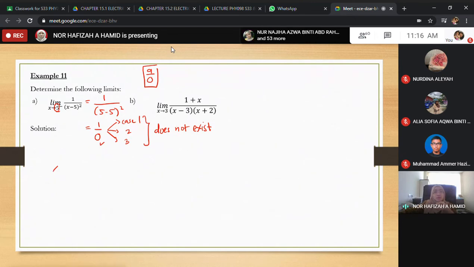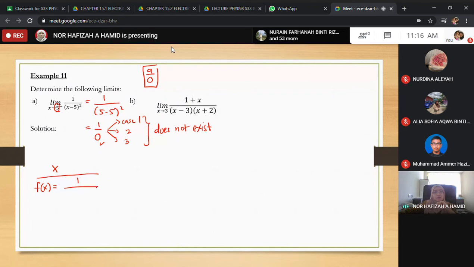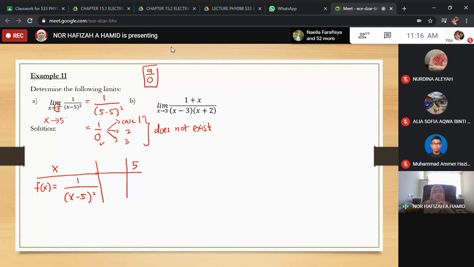You can make a table with x, and then f(x), where f(x) is 1 over (x minus 5) to the power of 2. The center I choose is 5, because we want x to approach 5 minus. 5 minus means x approaches 5 from the left.